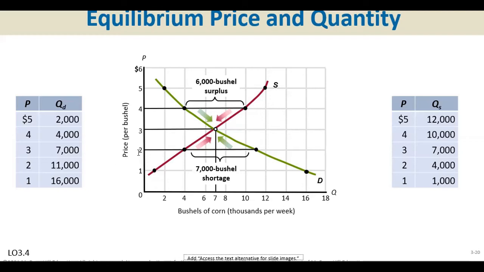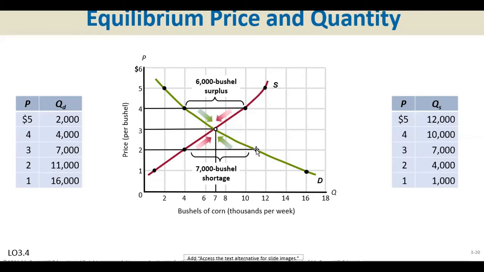At the same time, the consumers are going to want something like 11,000. So there's a shortage because the price is lower than the equilibrium price. Producers respond by producing less, and the consumers, since they take advantage of a low price, want more.